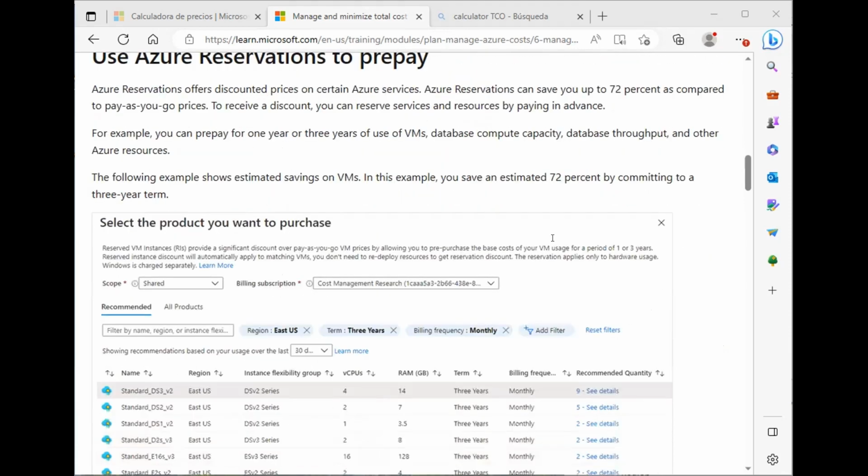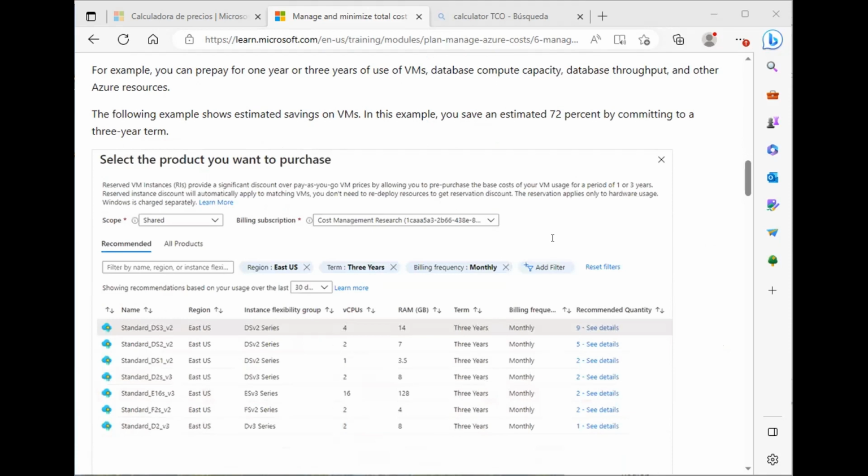In the example, select the products you want to purchase. Reserved virtual machine instances provide a significant discount over pay-as-you-go virtual machine prices by allowing you to prepay the base costs of your virtual machines for a period of 1 or 3 years.